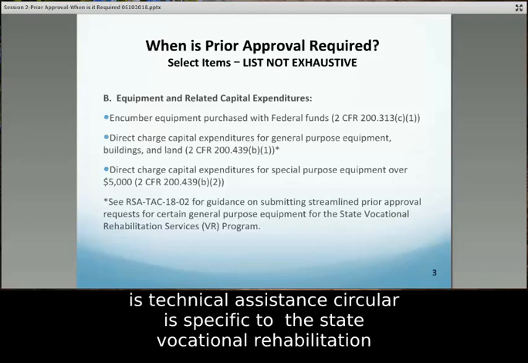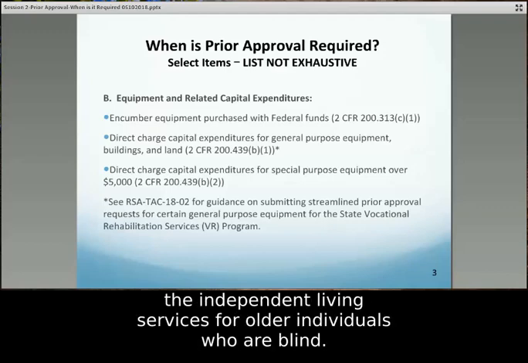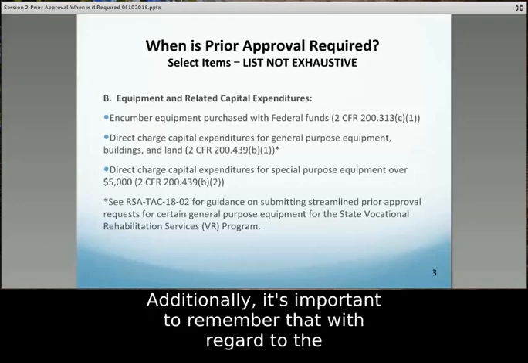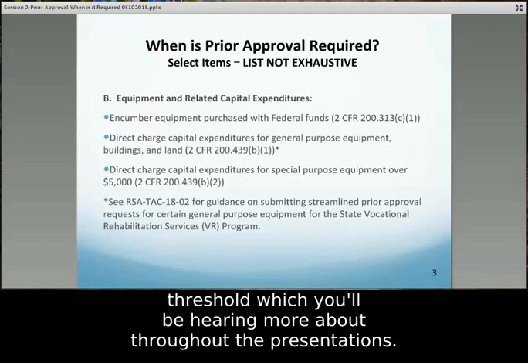And again, that TAC, Technical Assistance Circular, is specific to the State Vocational Rehabilitation Services Program and is not applicable to the SE awards or, for example, the Independent Living Services for Older Individuals Who Are Blind. Additionally, it's important to remember that with regard to capital expenditures over $5,000, we also look there at the state threshold, which you'll be hearing more about throughout the presentations.